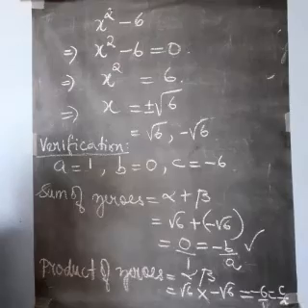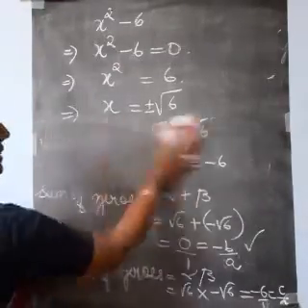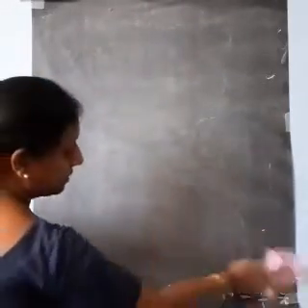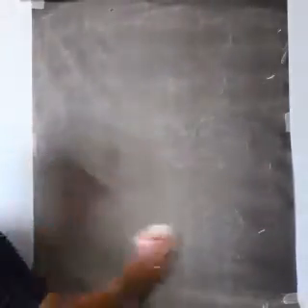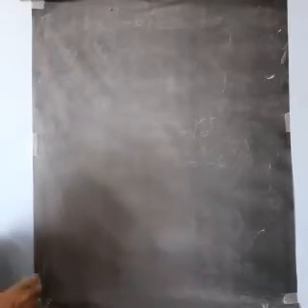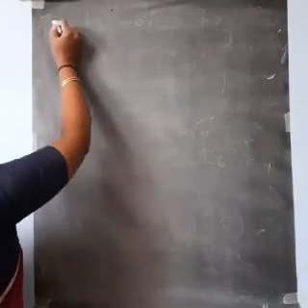Have you understood? Okay. Now let us go on to one more type of sum that is there, and for this, sum of zeros and product of zeros. Sometimes they will give you the sum of zeros and the product of zeros and ask you to find the corresponding polynomial. So let's see that type of question.